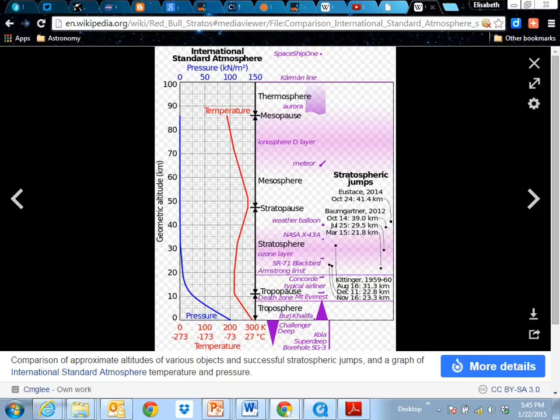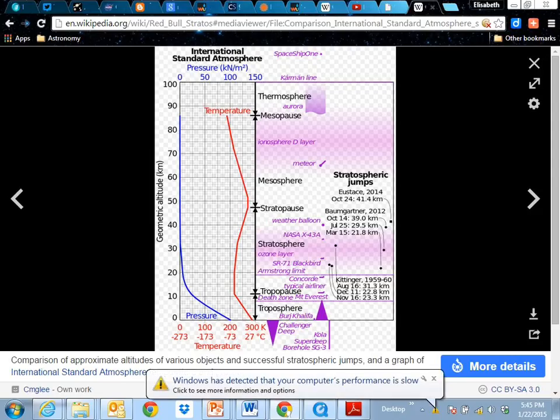Wait, who's that guy? Who's Mr. Estes? I don't know. I'm going to have to look that up. Note to self. Just this last October. Here are Felix's jumps, three jumps, and here are Kittinger's jumps, back in 1960, when he was wearing jeans and a t-shirt. What was the name of that second guy you just asked about?